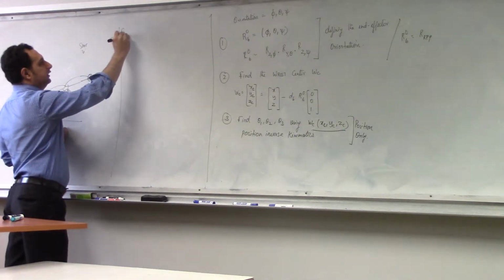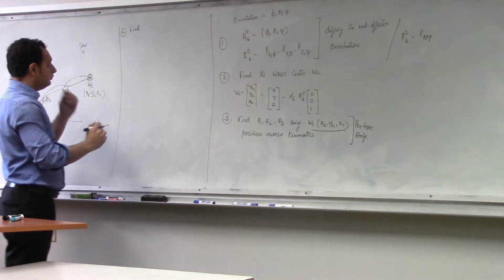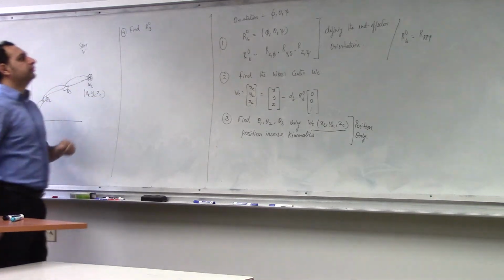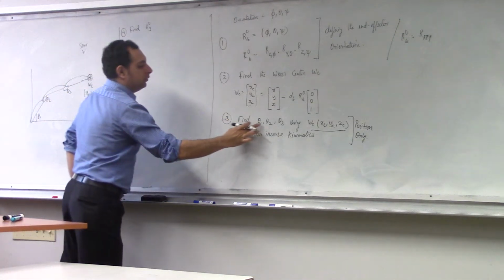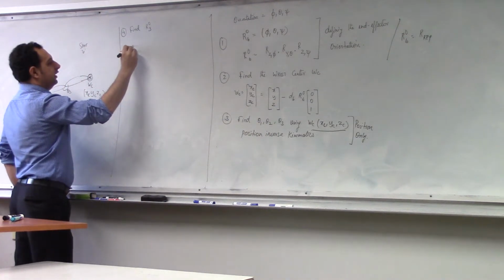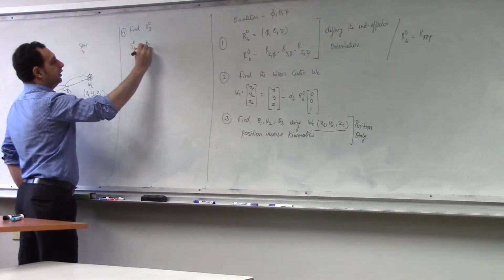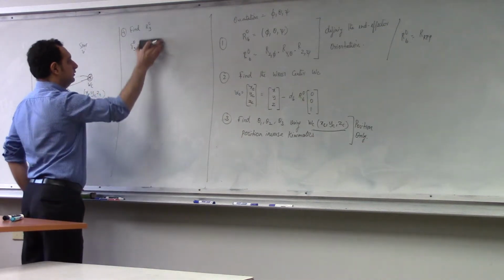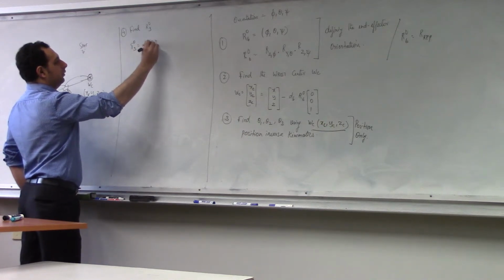step 4 is find R03. How do we find R03? If you know theta 1, theta 2, theta 3, you can find T03, which will be equal to A1 times A2 times A3. Let me write it like this: A1 of theta 1.